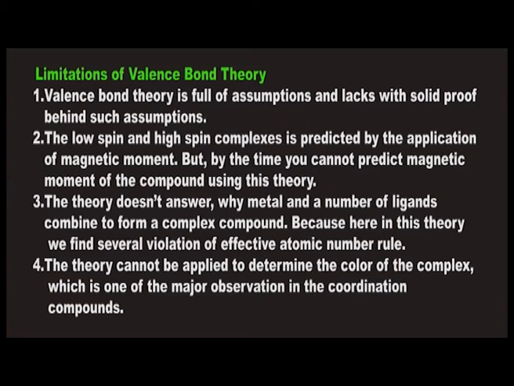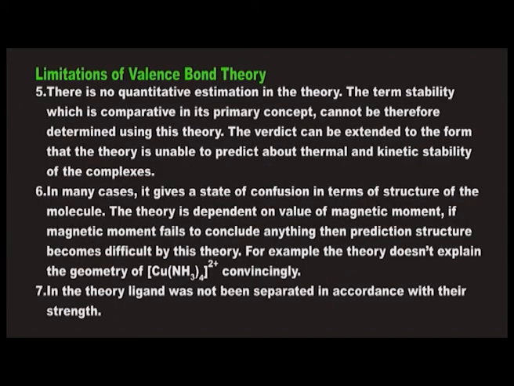The theory does not answer why a metal and a number of ligands combine to form a complex compound, because in this theory we find several violations of the effective atomic number rule. The theory cannot be applied to determine the color of the complex, which is one of the major observations in coordination compounds. The fifth limitation is that there is no quantitative estimation in this theory.